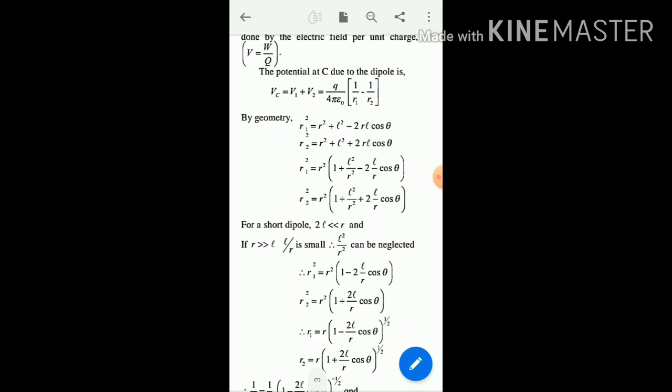Now taking the square root on both sides, R1 equal to R into bracket 1 minus 2L upon R into cos theta raised to half, and R2 equal to R into bracket 1 plus 2L cos theta upon R raised to half.